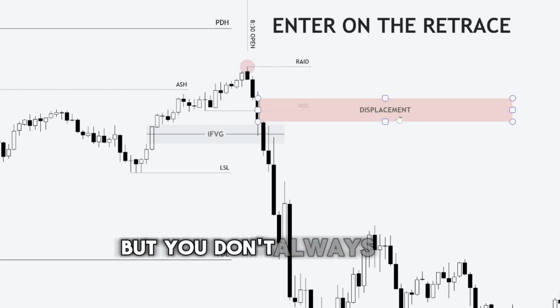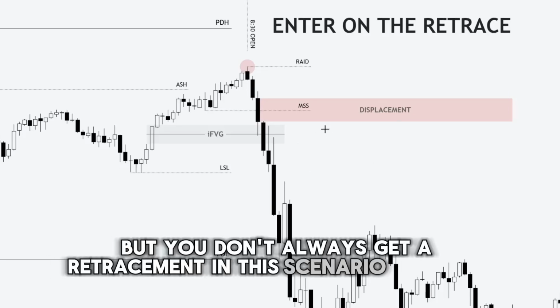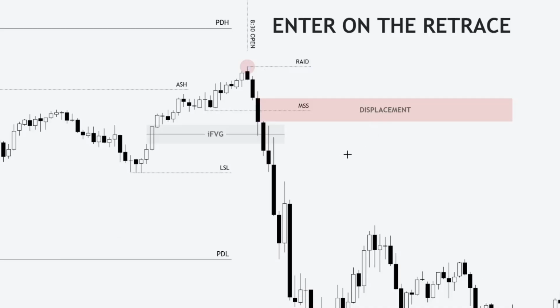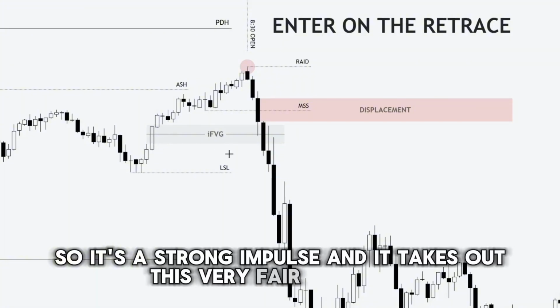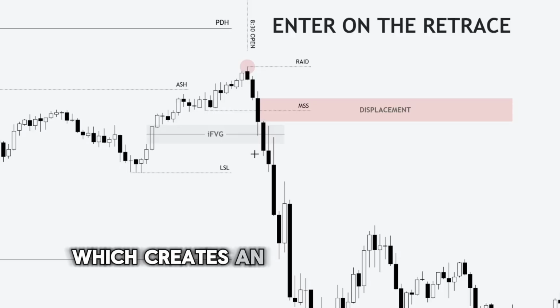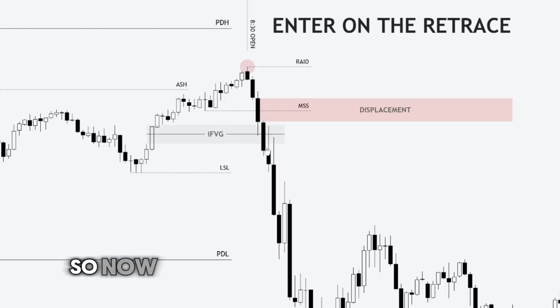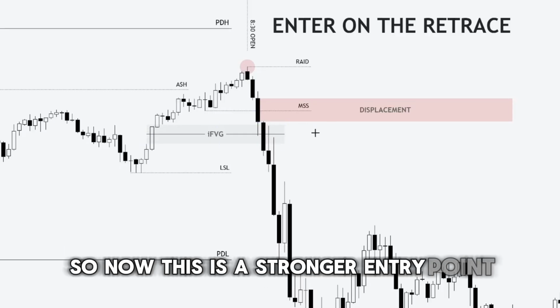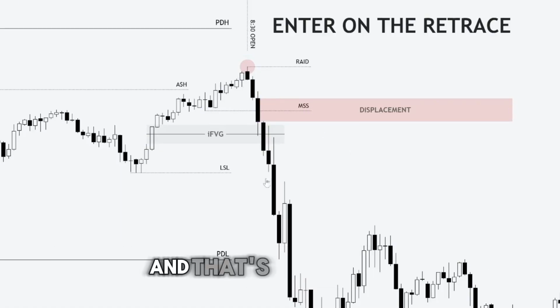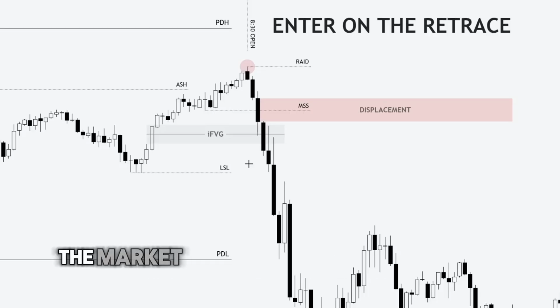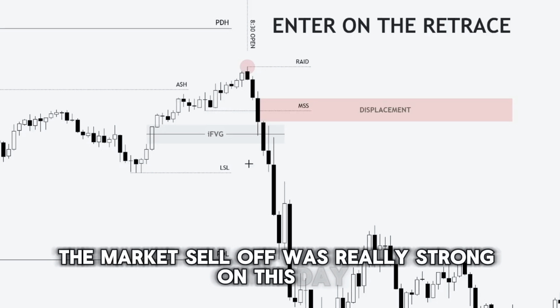But you don't always get a retracement in this scenario into this area. What you get is a continuation. So it's a strong impulse and it takes out this fair value gap, which creates an inverted fair value gap. So now this is a stronger entry point than where I would typically want my entries to be. And that's just because the market sell-off was really strong on this day.